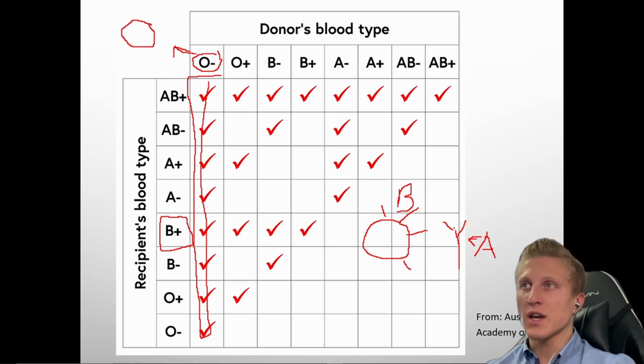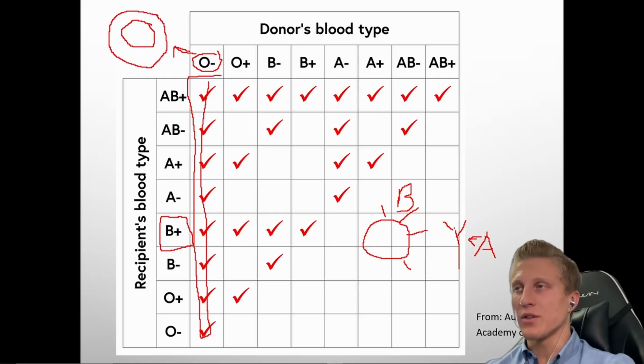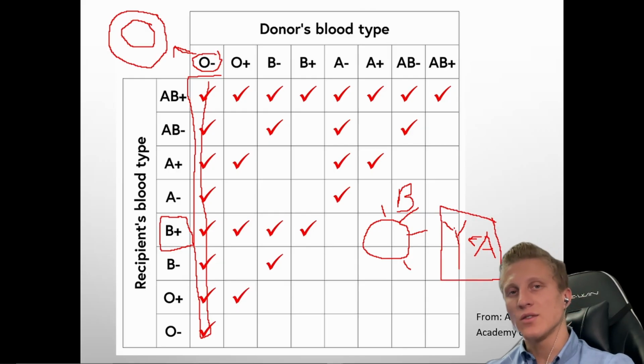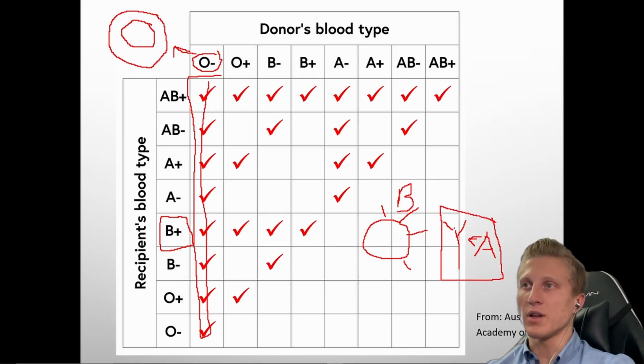Well, since our O-type blood doesn't have any antigens on its surface, it's not going to react with the anti-A antibodies in circulation of our receiving blood type, B positive.